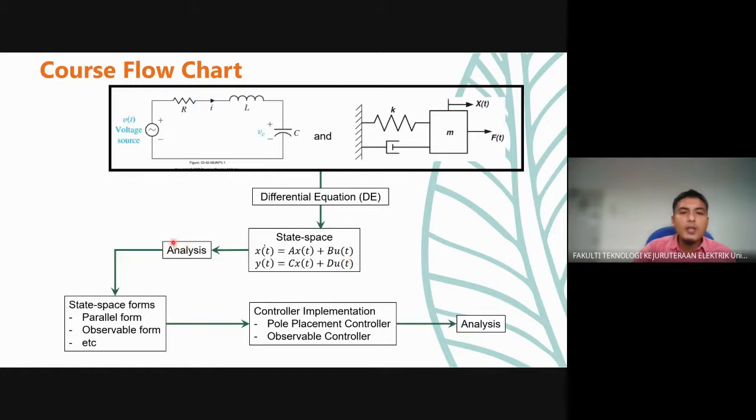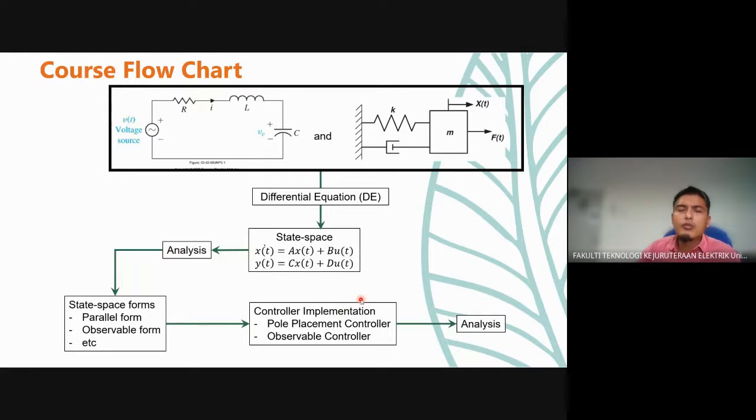From the analysis, you can convert the state space equation into several forms, I think five of them, and you will learn how to convert the state space into these forms. Based on the forms, you can design a controller for the system.